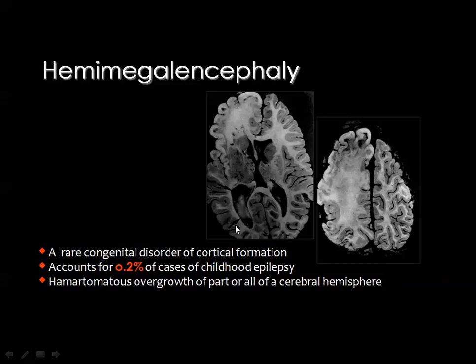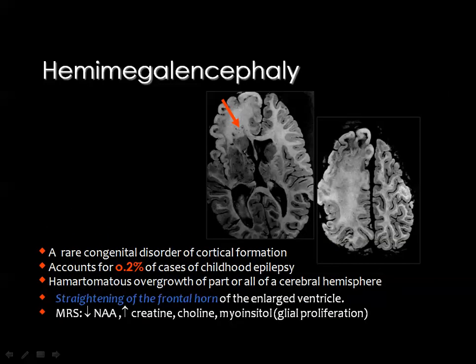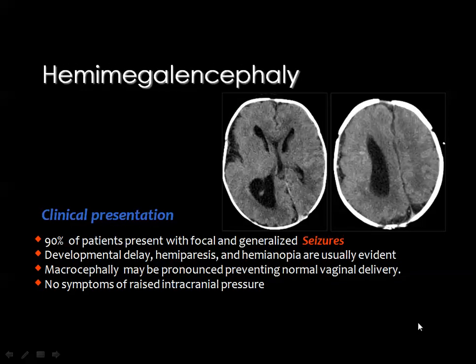You know, normally the frontal horn of the ventricle is facing laterally, but the frontal horn of the hemimegalencephalic hemisphere is pointing anteriorly. Then straightening of the frontal horn is one of the signs that can help you to diagnose this pathology.